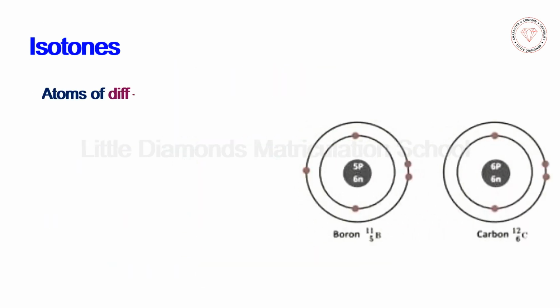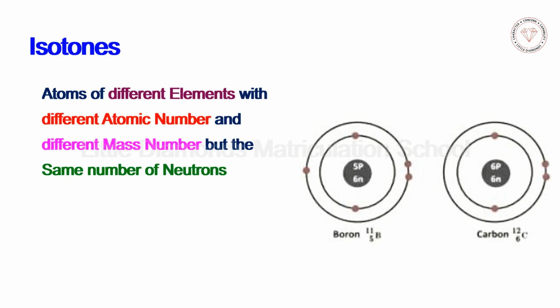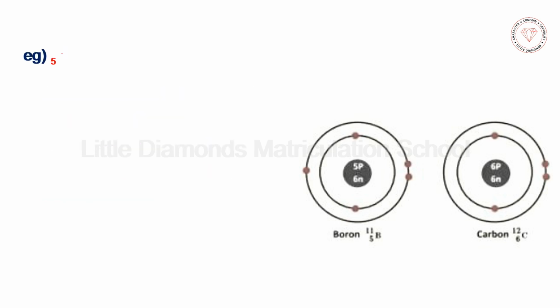Isotones. Atoms of different elements with different atomic number and different mass number, but the same number of neutrons present in them. These are known as isotones. Example, boron 11 5 and carbon 12 6.